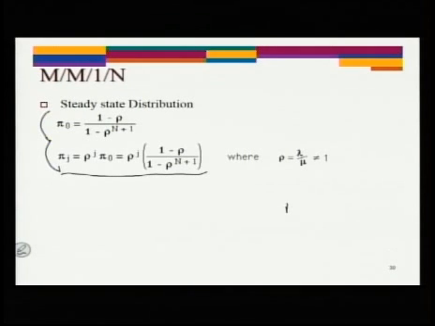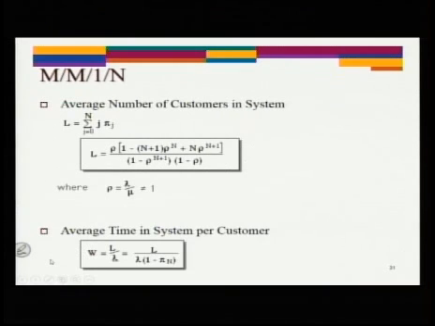And just to let you know, in this case, the rho value is not restricted to be less than 1 for the steady state to exist. Rather, I would say rho is not equal to 1. Okay? And keep in mind that the customer arrival rate is 0 when there are N customers in the system already for the M/M/1/N model.